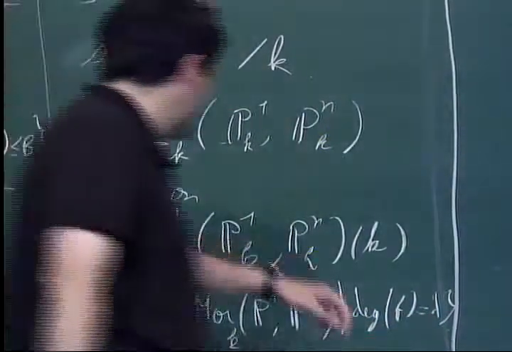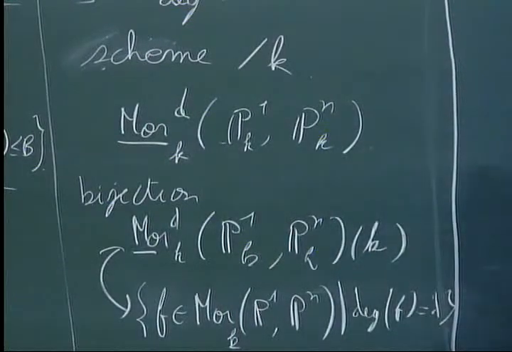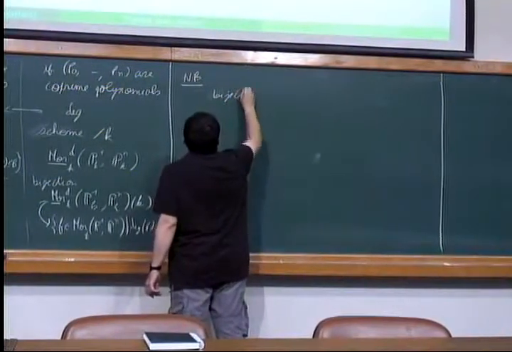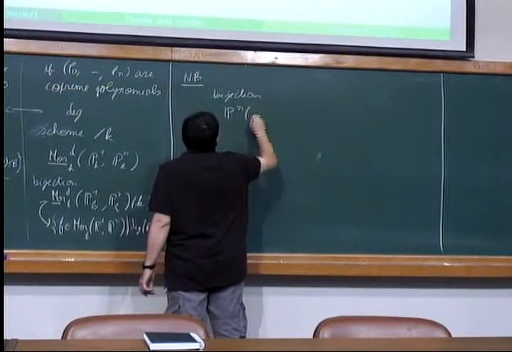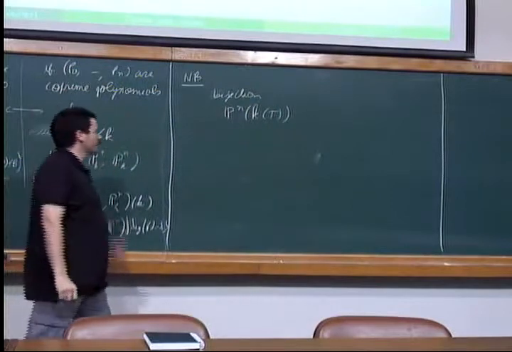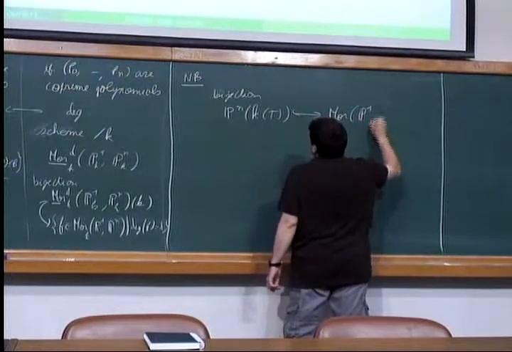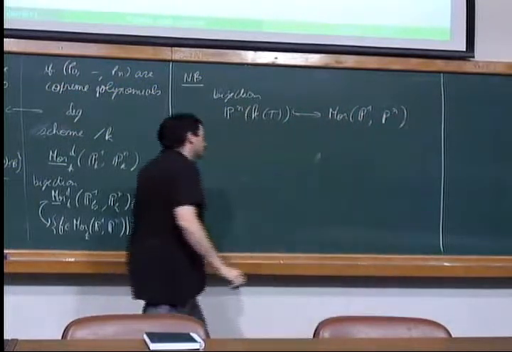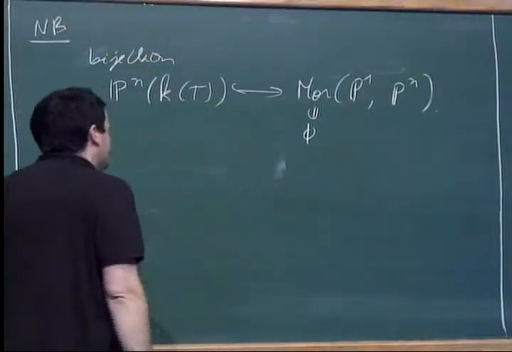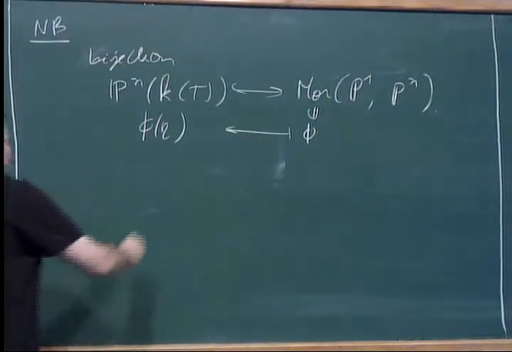So here I should stress something which is important. There is a bijection between the points of the projective space over the field K of t and the morphisms from P1 to Pn, which is given by, if I take a morphism phi from P1 to Pn, then I can look at the image of the generic point.